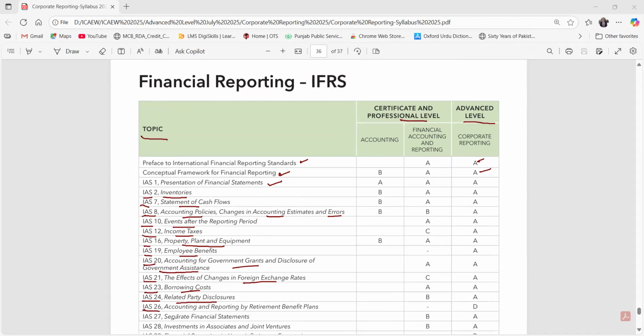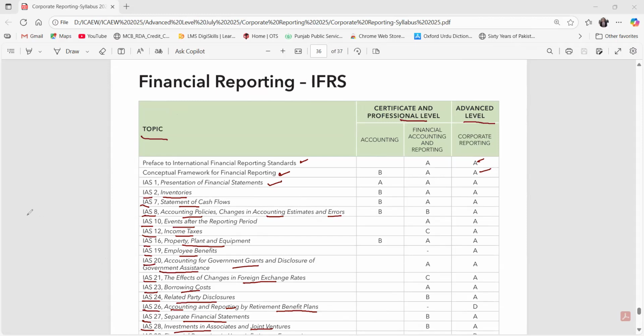IAS 26, accounting and reporting for retirement benefits plan. IAS 27, separate financial statements. IAS 28, investments in associates and joint ventures, basically. What are associates? What are joint ventures?